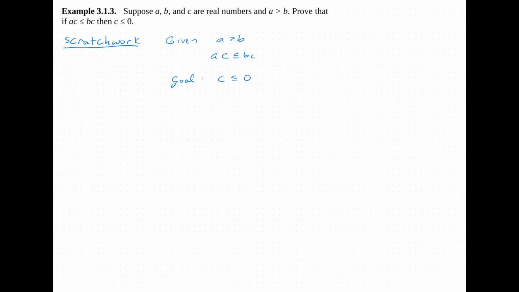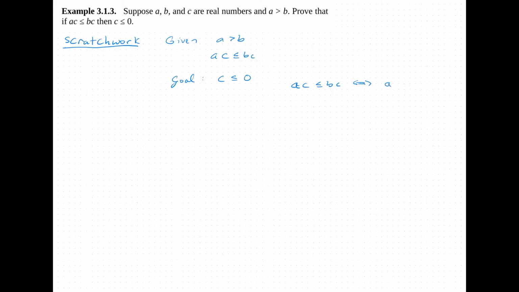One thing we could do is subtract on both sides. So for example, if we have AC less than or equal to BC, subtracting on both sides by AC will give us 0 less than or equal to, actually let me do it the other way around, because essentially what I am doing is guiding myself with the fact that we want less than or equal to 0 for C. So I'm going to subtract BC over so that we can introduce a 0 on the right hand side.